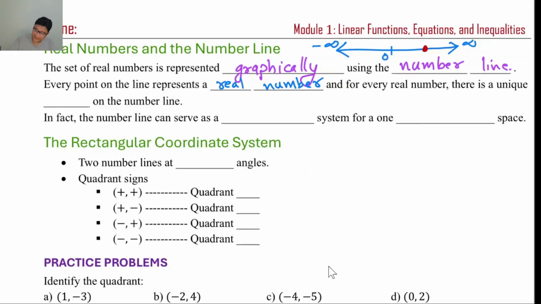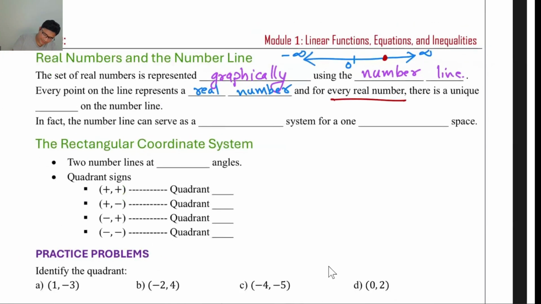And for every real number, there is a unique point on the number line. This sentence is very important. The real numbers and the number line have this one-to-one relation. Take a real number, you can find a point for that on the line, and there's only one point for that number. And if you take a point on the line, there is only one number which it represents.